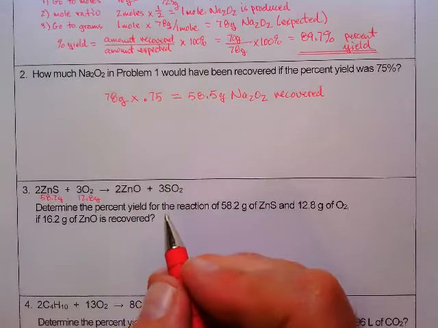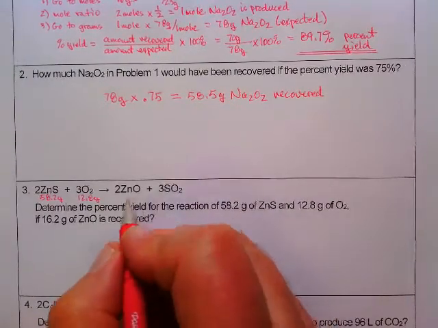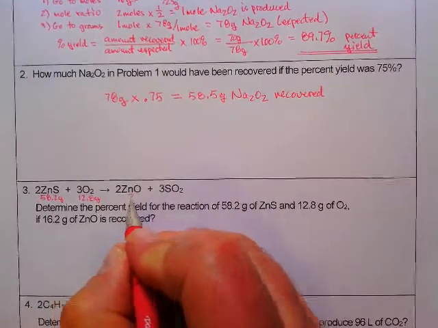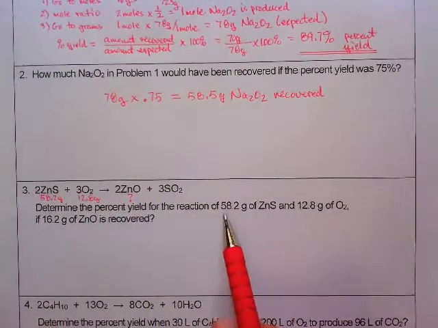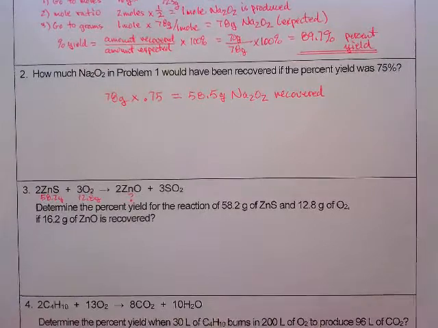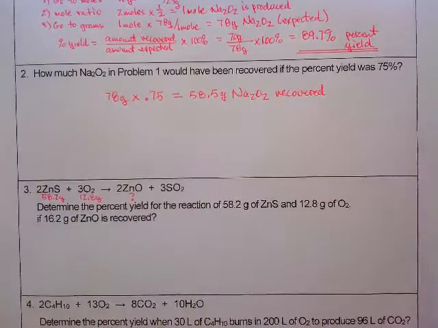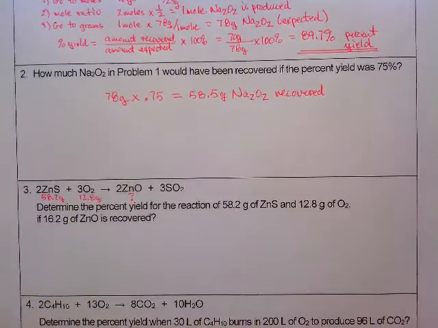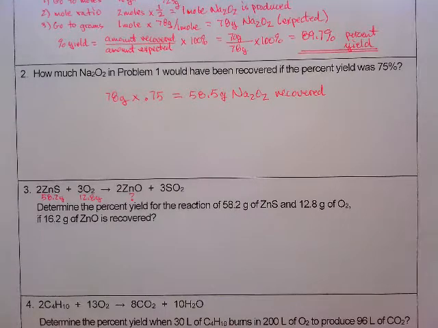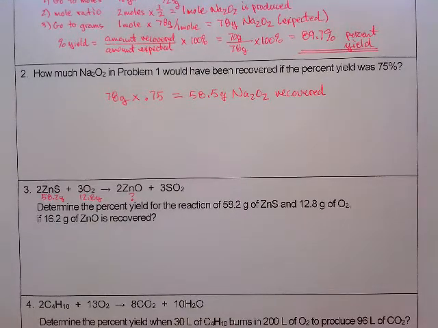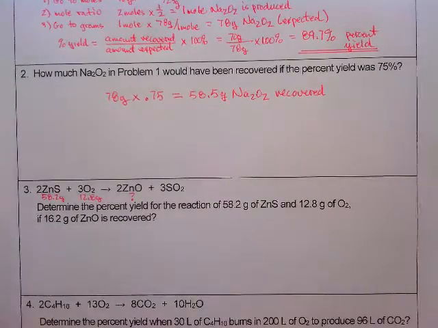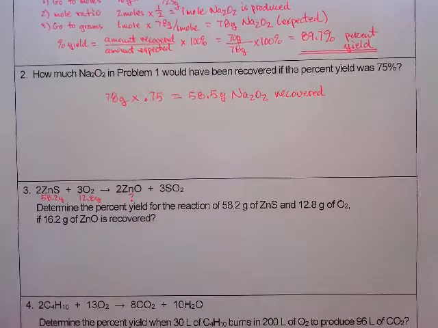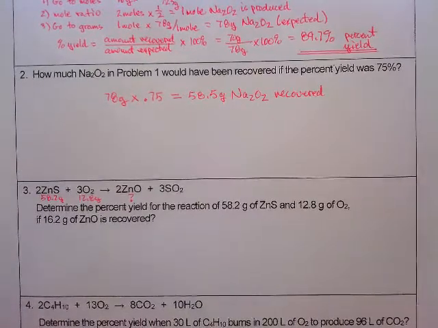And really, this is going to be my question mark, because that's what I want to find out, the percent yield. Now, since I've got both amounts here, I do not actually know which one is the limiting off the top of my head. I'm going to have to go to moles first, just like we did with limiting reagents. And then once I have the limiting one, then I can go find out how much I actually expected to recover in the first place.